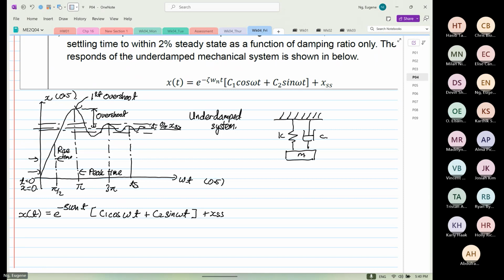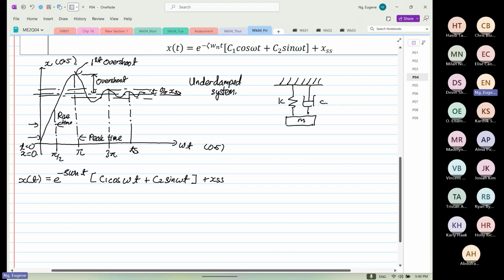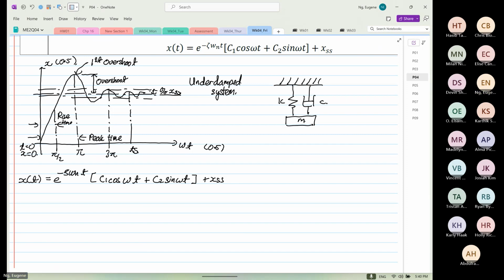So from here, the first thing that you do is substitute x equal to 0 when t is equal to 0 into the function. So this is equal to 0. So this is equal to c1 plus xss. So c1 is equal to minus xss.